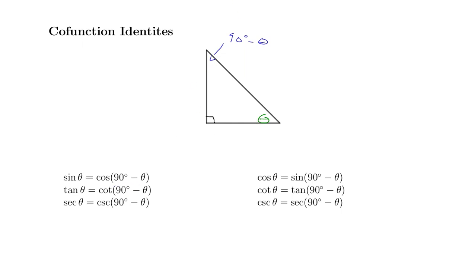So if we have one of the angles here, you can just subtract that from 90 to get the other angle. And then what you'll notice is that the opposite side for my green angle theta is the exact same thing as the adjacent side for my blue angle, 90 degrees minus theta. Oops, that's not how you spell adjacent. The hypotenuse is the same thing no matter what.